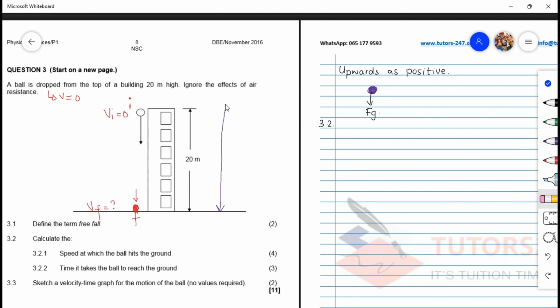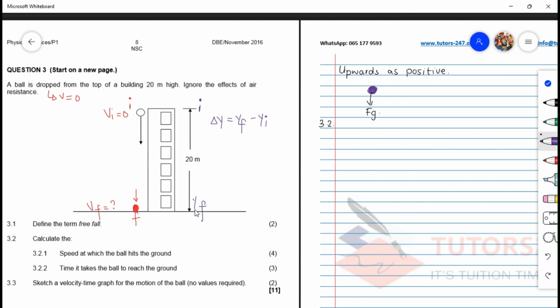There's a different way that we can calculate displacement as well. So we can have displacement as delta y equals our final position minus our initial position. Now, our initial position is the height at which the object was dropped. Our final position is the height at which the object hits the ground.